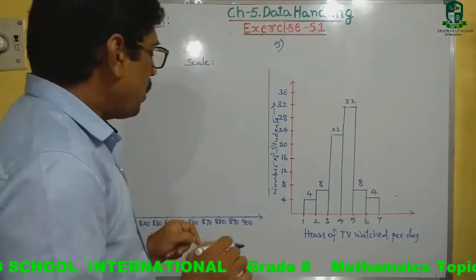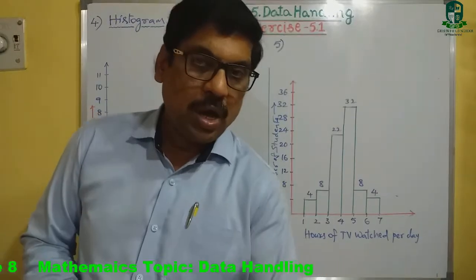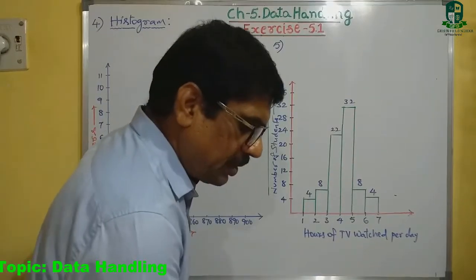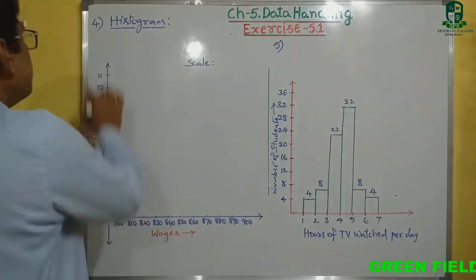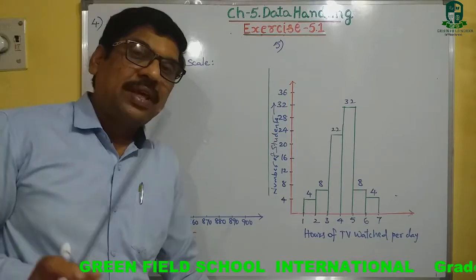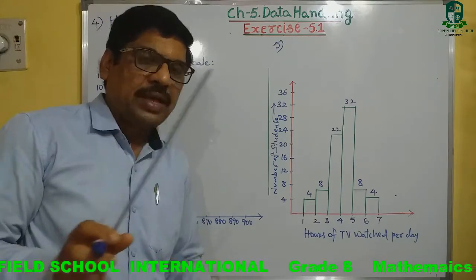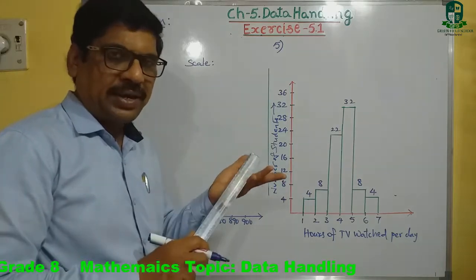So now we are going to draw the histogram by taking the class intervals on the x-axis and frequencies on the y-axis. Now look at the table. What is the class interval? The classes start from 800.